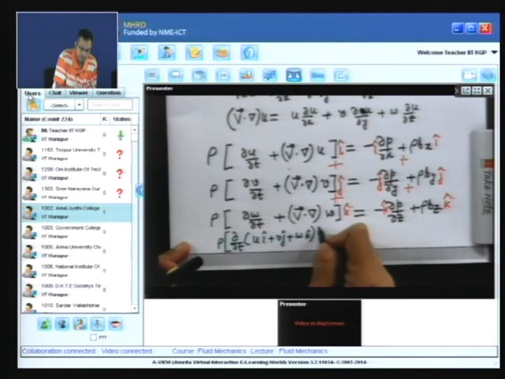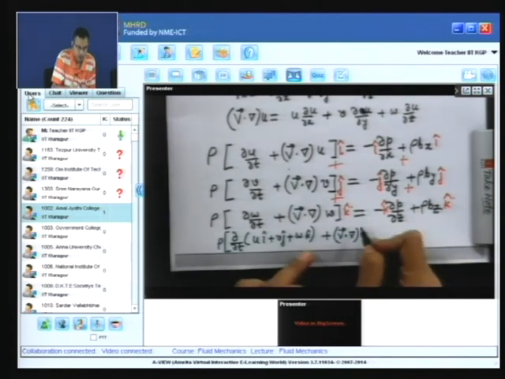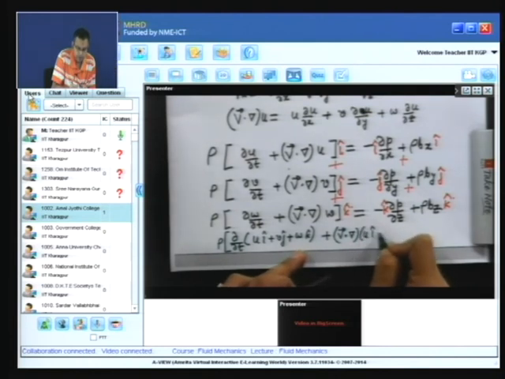Plus V dot del of u i cap plus v j cap plus w k cap. This is the left hand side.